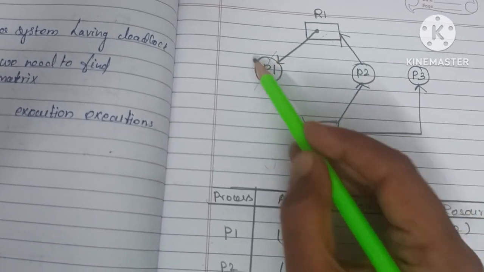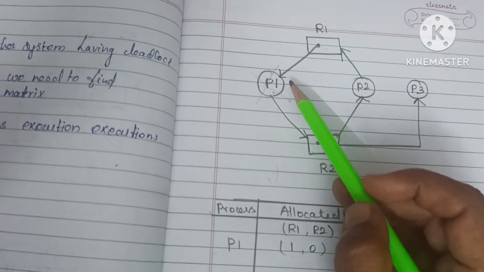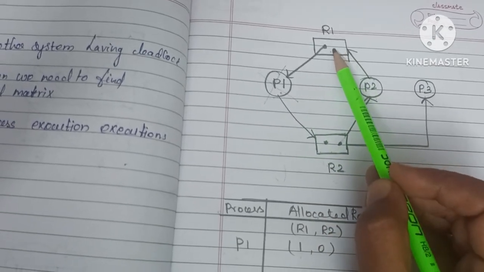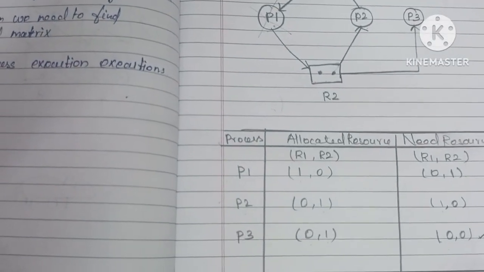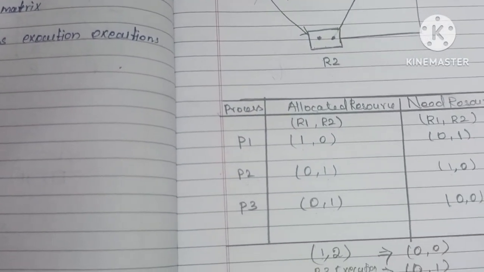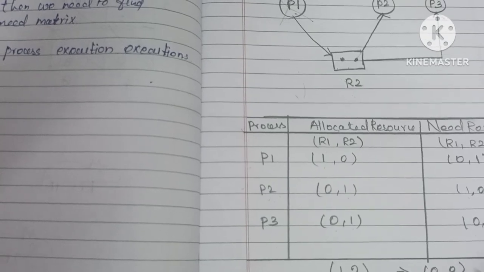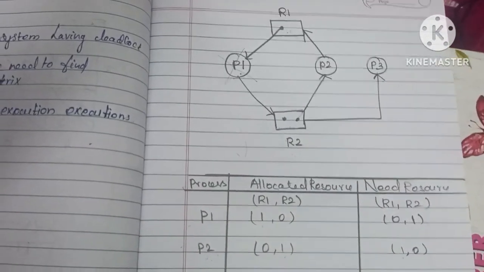Once P1 is executed, we get two more resources, one from R1 and another from R2. So now the availability is 1, 2.